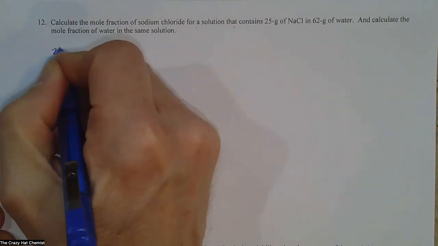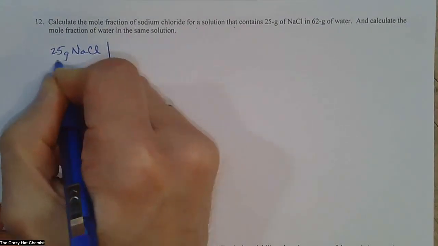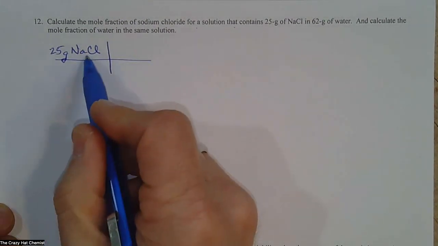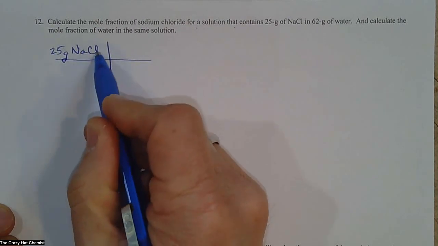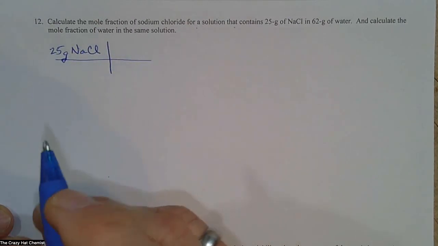So we're going to take 25 grams of NaCl and calculate the moles of NaCl. We're going to look on our periodic table and get the molar mass for sodium chloride. That's 22.99 times 1, plus 35.453 for the chloride, and we're going to round that to 2 decimals.